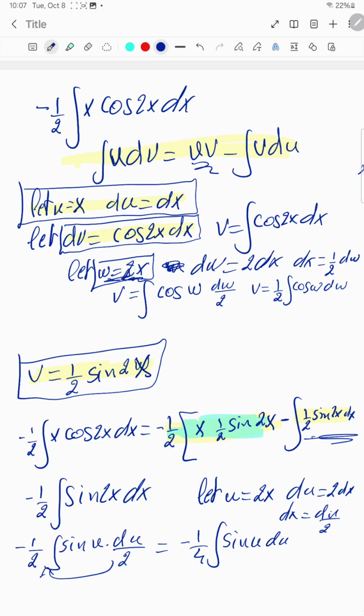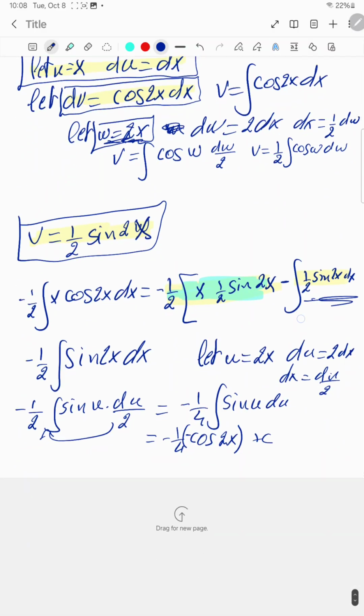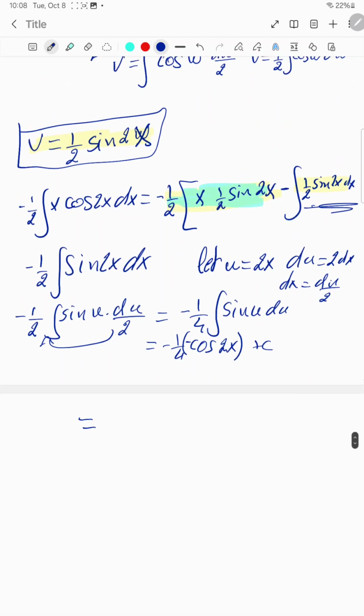And we know that the integral of sine is minus cosine. So it is equal to minus 1/4 times minus cosine of u, but we know that u is equal to 2x, plus c. So minus times minus becomes plus. So it is equal to 1/8 cosine 2x plus c. Here I made a mistake.